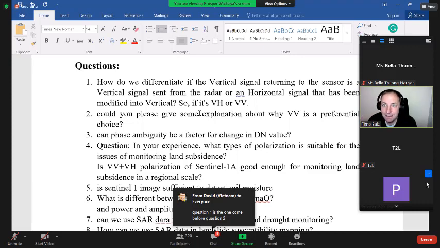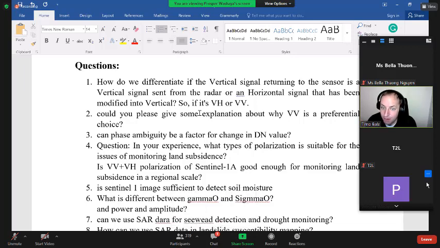We know what we are transmitting because we create our own signal. So we know if we transmit vertically or horizontally. And similarly, we know what we receive because we also have a filter in front of that, and we only receive horizontal or vertical. So we know if it is VH or VV.